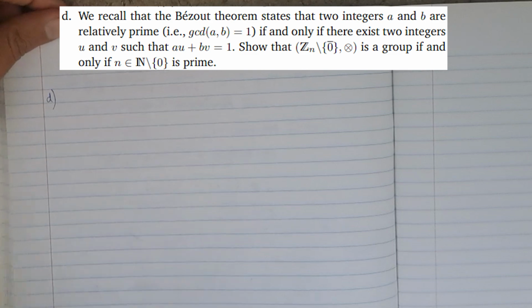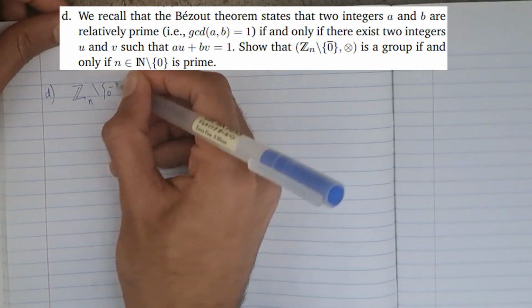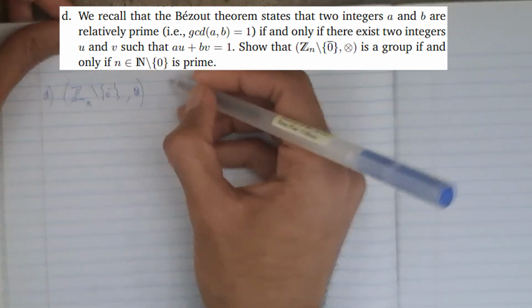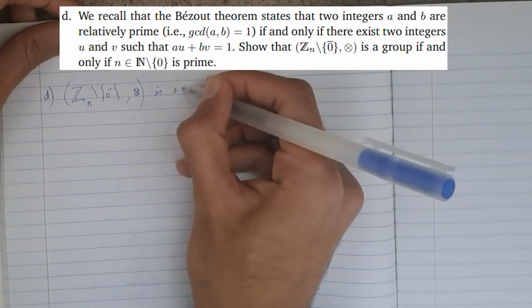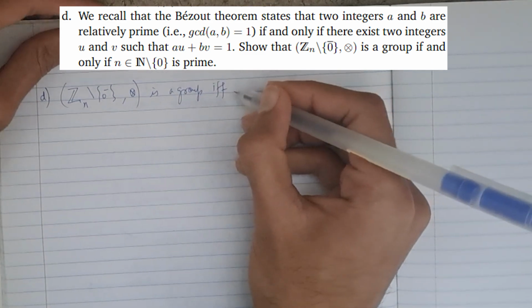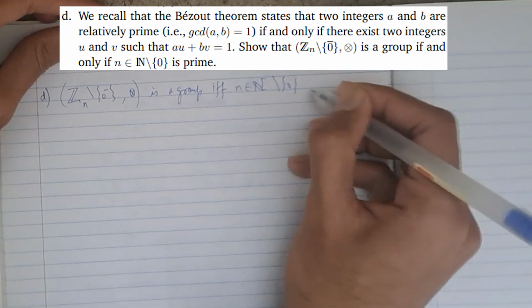Show that Zn is a group if and only if n is prime.